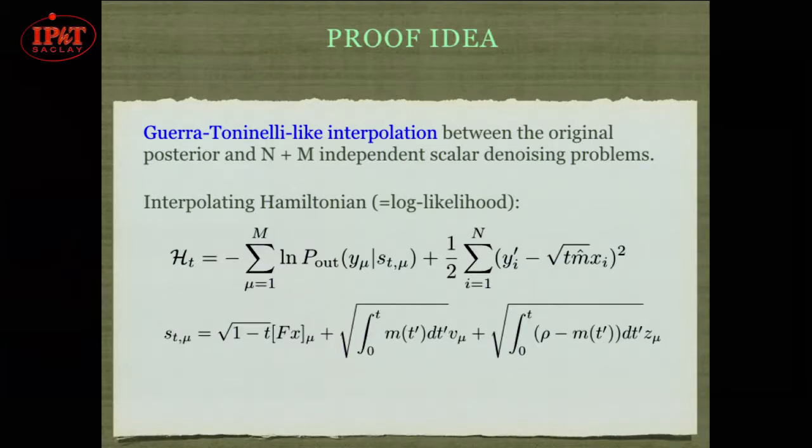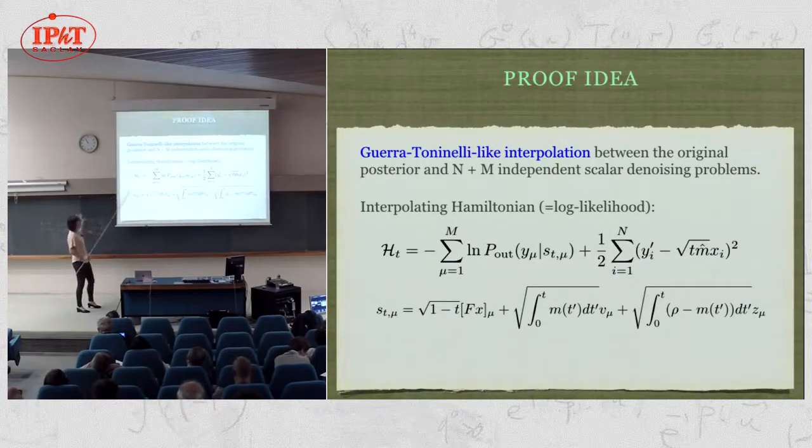And this realization stands at the beginning of the proof, because then what we do is we use the good old Guerra-Toninelli interpolation between the original system and n plus n of the scalar problems of type 1 and m of the scalar problems of type 2. Then we write a Hamiltonian that is combining these 2 in such a way that it depends on this parameter t, which is a kind of interpolation time, if you want.